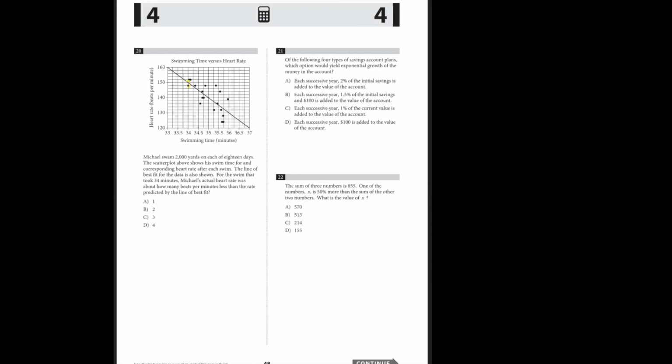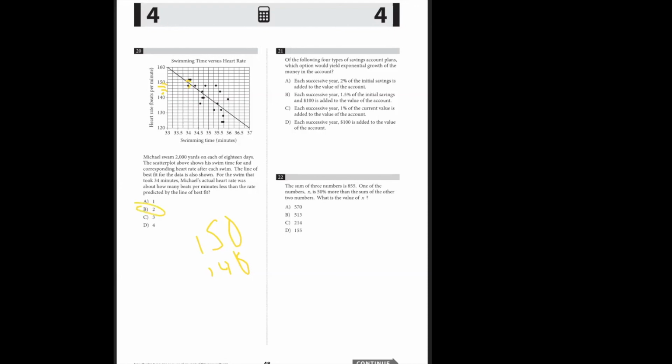I'm looking at this graph, and I could tell that the predicted one is 150, right? And it looks like this is increasing by 2. So 2, 4, 6, 8. Yeah. So it looks like his actual thing was 148 because it's only one block lower than the predicted. So the difference is 2, and that's how you get that.